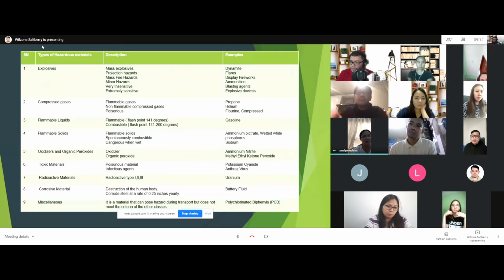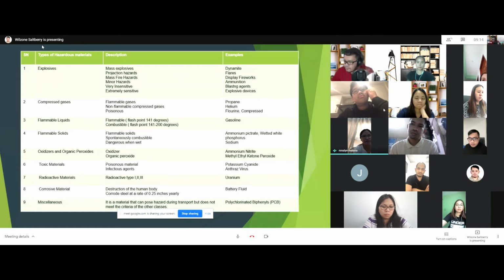Description: mass explosive, projection hazards, mass fire hazard, minor hazards, very insensitive or extremely sensitive. Examples of these are dynamite, flares, display fireworks, ammunition, blasting agents, and explosive devices.